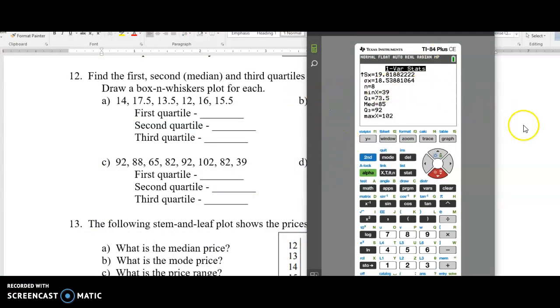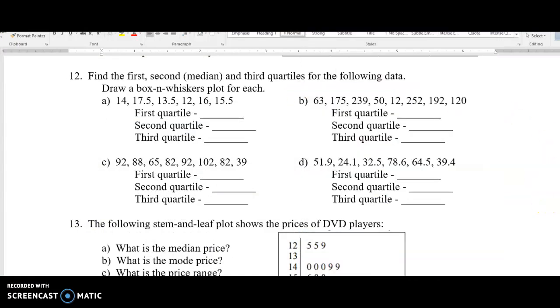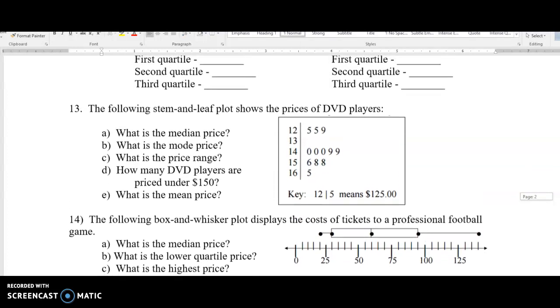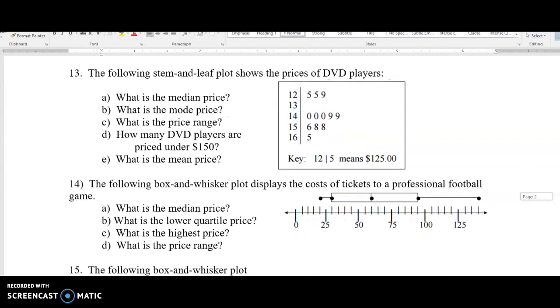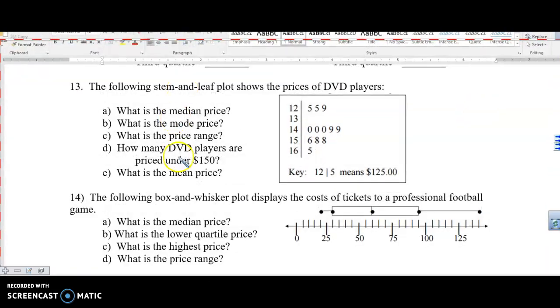All right, so I do want to show you one other thing here. Actually, we'll look at these two. Number 13 is what we call a stem and leaf plot. Now there's usually a key at the bottom to tell you what these numbers mean. So this is your hundreds and tens here, and this side is your ones.